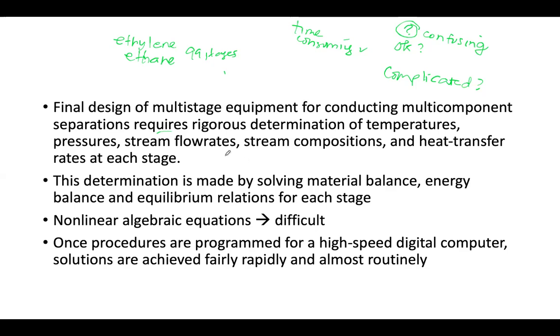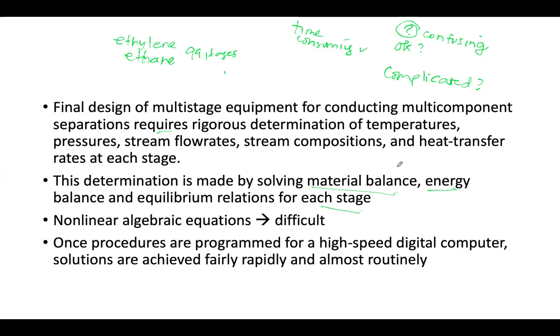Okay, and we also know that in each stage we can solve it with the material balance and also the energy balance. The material balance is, for example, with the McCabe-Thiele method, from the equilibrium relationship and the operating line relationship.